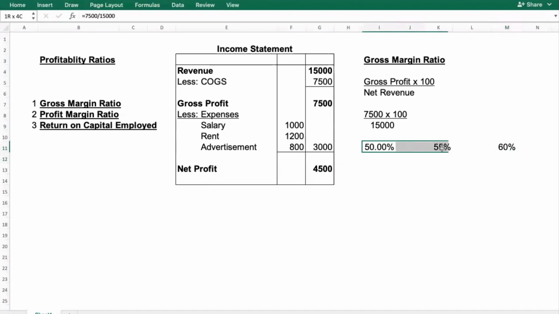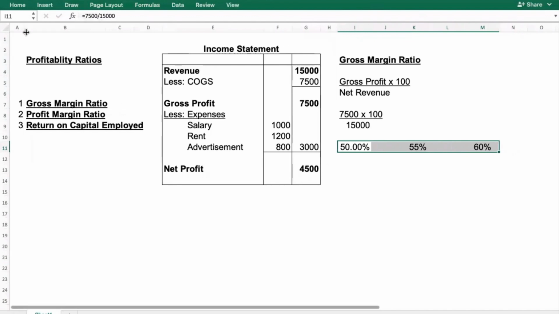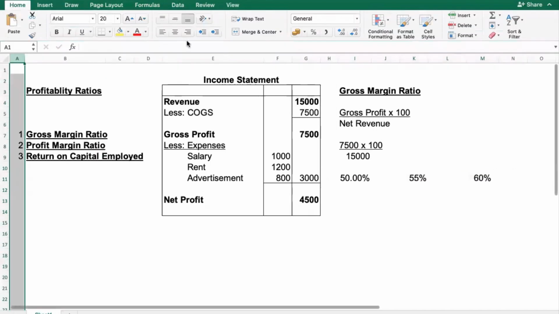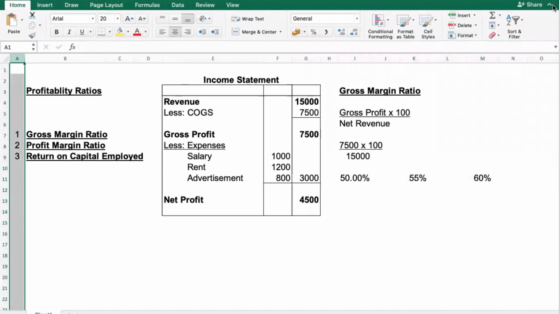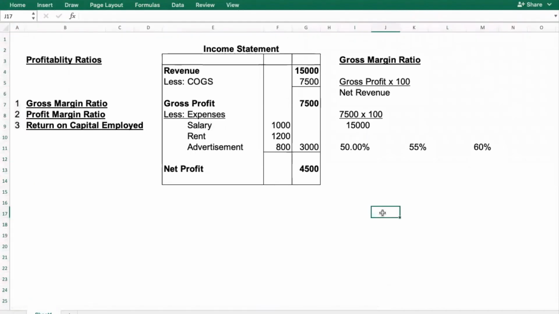How can you increase it? What strategies will you follow? Any idea? Maybe try to buy from a different seller who has lower prices. Or try to increase the revenue by exploring a new market.